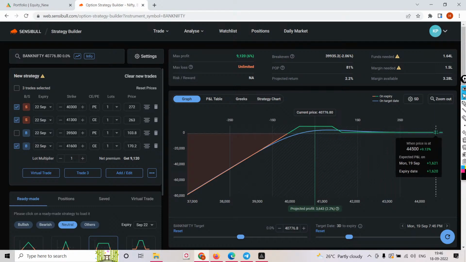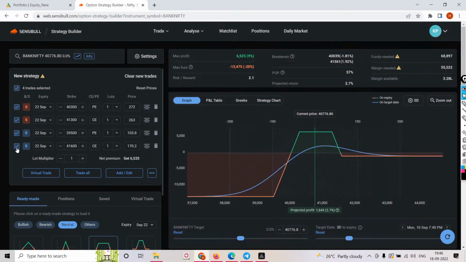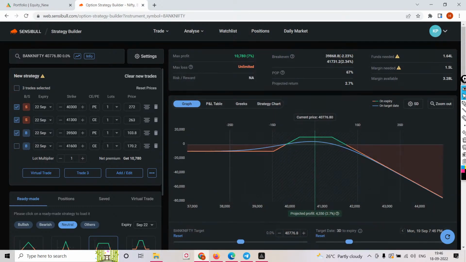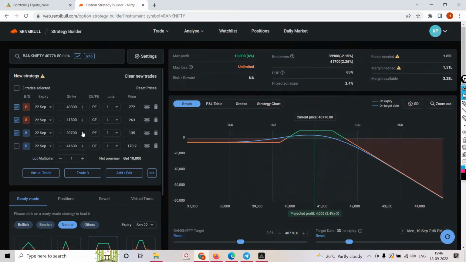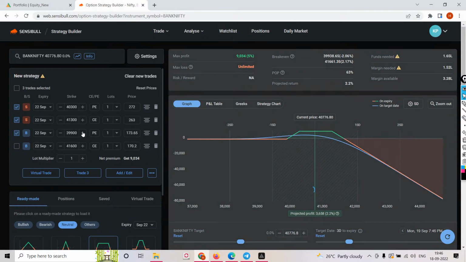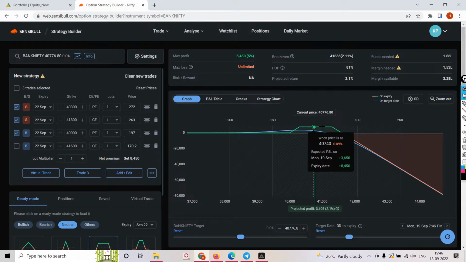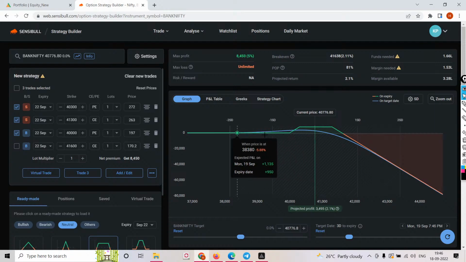This is a sort of directional trade. Let me do the adjustments. You are sideways, neutral. It will give you almost 5%, and in case the market falls, you have zero loss on your put side. So this is the way.